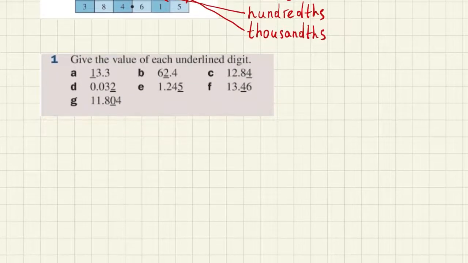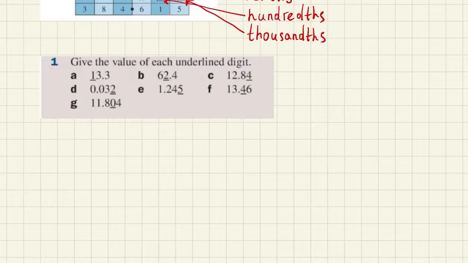Okay, here we have to give the value of each underlined digit. Let's start with A. In A, okay, so we can see that this is units and this is going to be our tens, right? So in A we have tens.